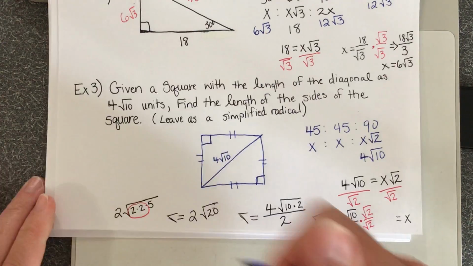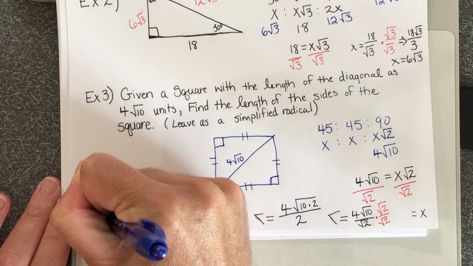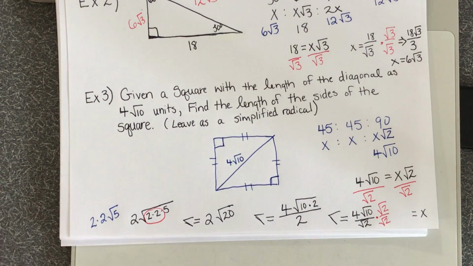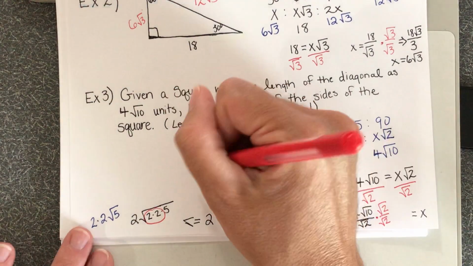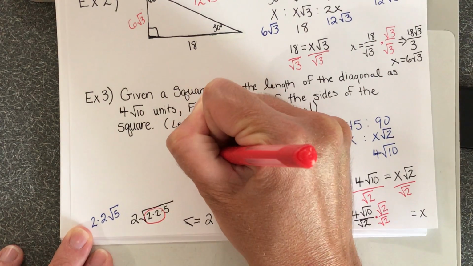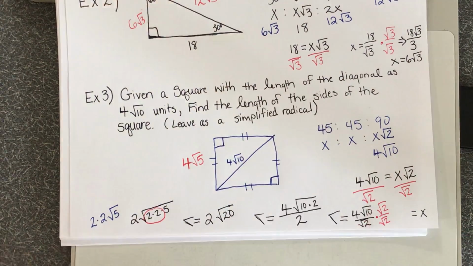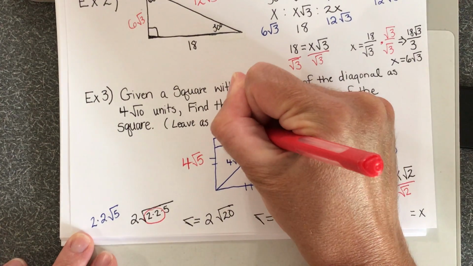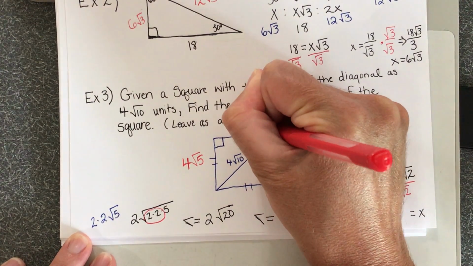And so now I've got 2 times 2 times the square root of 5, or in other words, 4 times the square root of 5. So what is the length of the sides of my square? They're each 4 times the square root of 5.